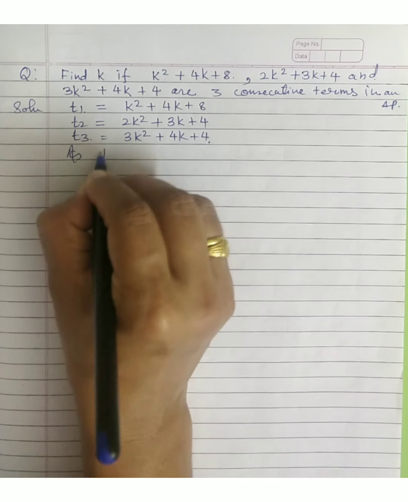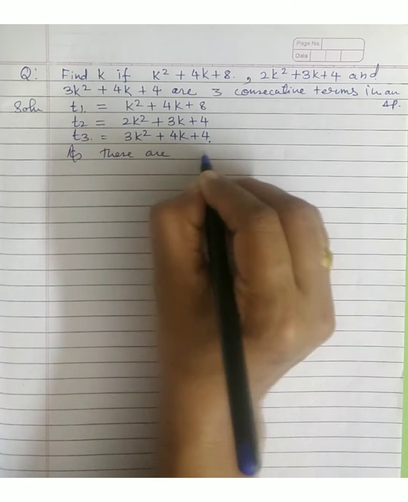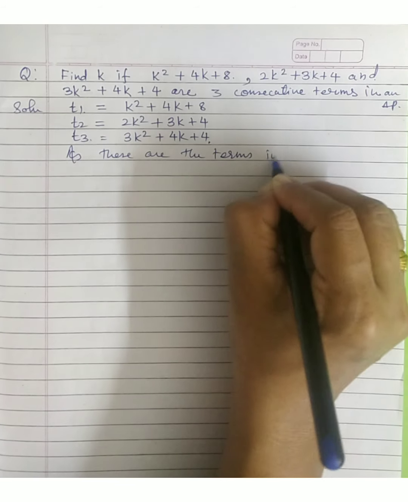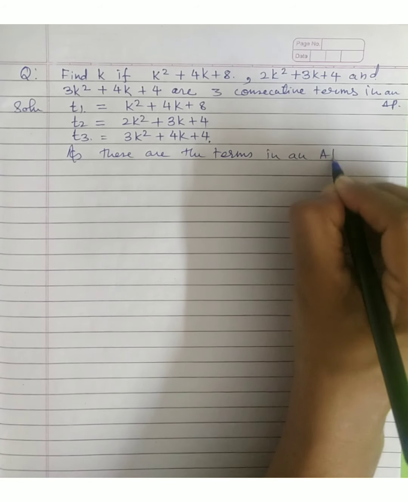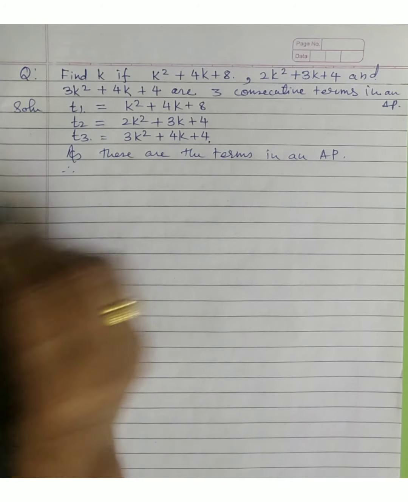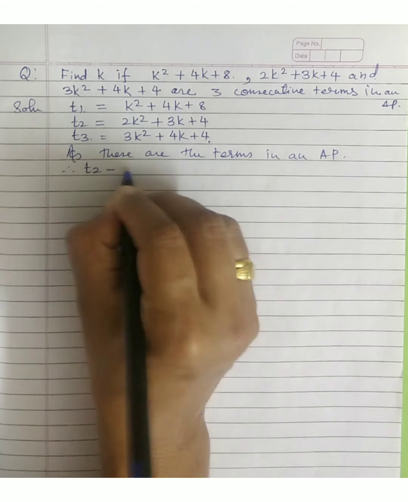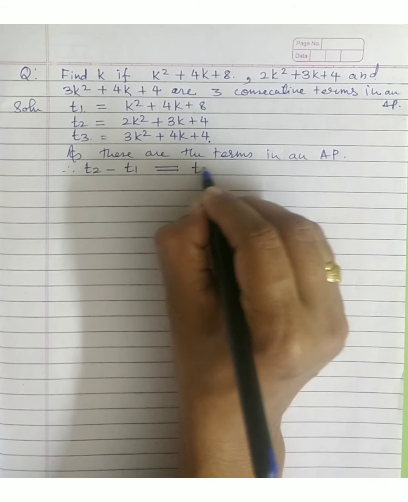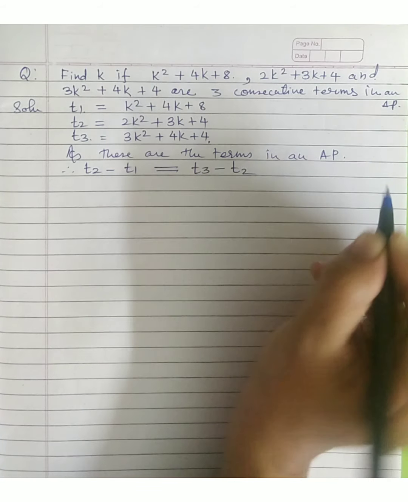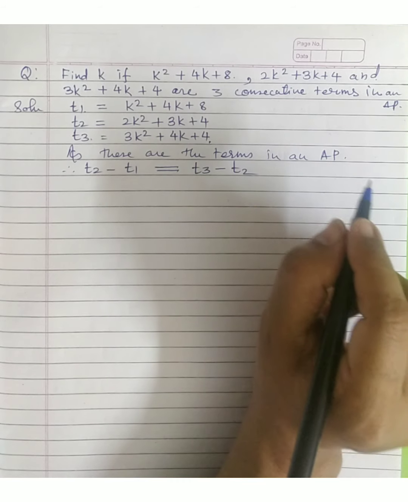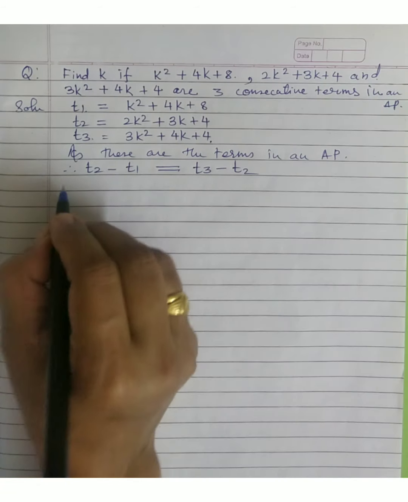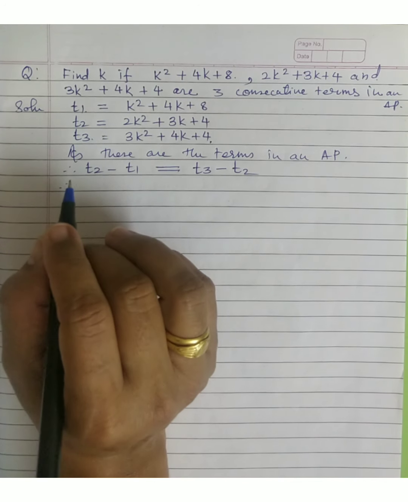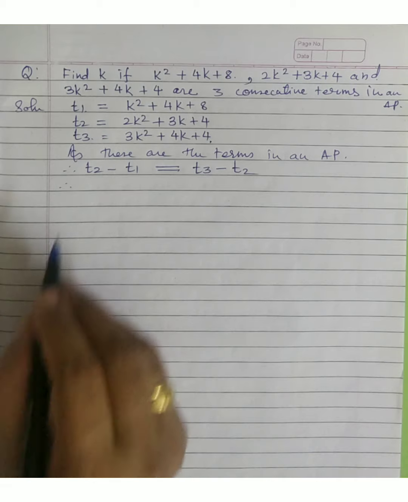As these are the terms in an AP, therefore T2 minus T1 must be equal to T3 minus T2. We are writing for board examination. Even if you are not writing for board examination, you should always have a practice of writing all the steps. Steps assure that you have understood the concept.